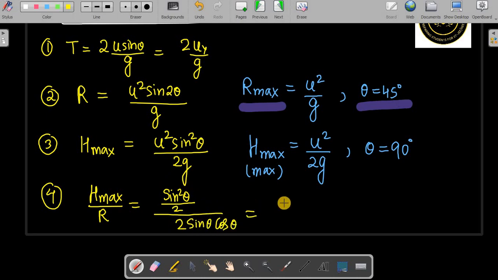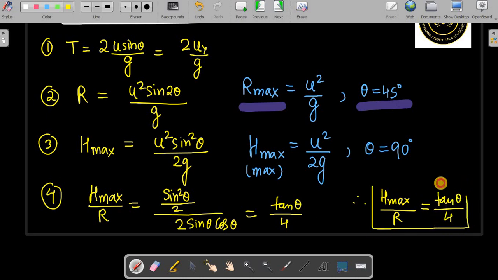So one sin theta will get cancelled, and it becomes tan theta by 4. H max by R ratio is tan theta by 4. This result can be used in some questions.